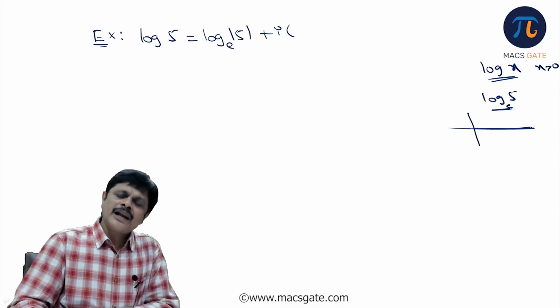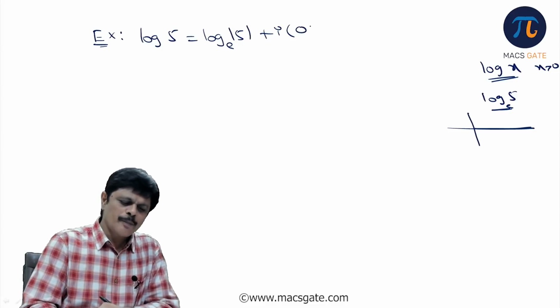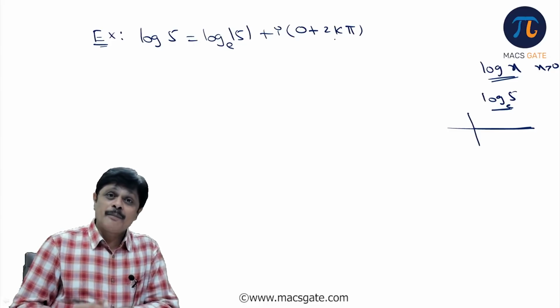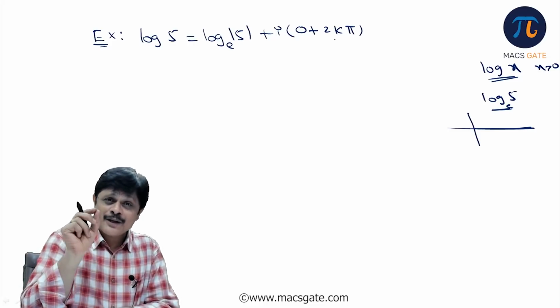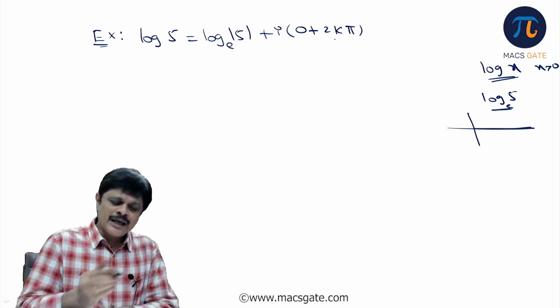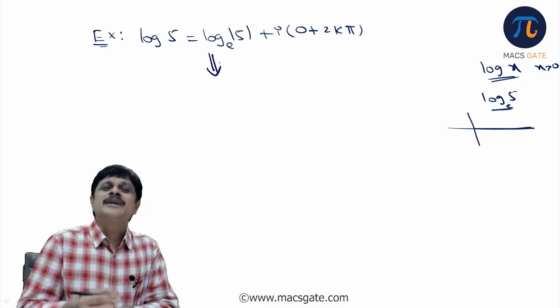See, 5 is on the positive real axis, argument is 0, so 0 plus 2k pi. This fellow is having infinitely many values. But log 5 is a unique value when you take real calculus. As a real number, log will have a unique value, and that unique value is nothing but the principal value.